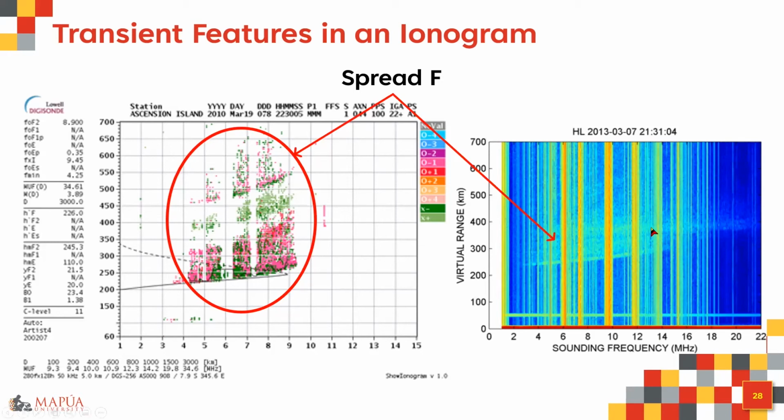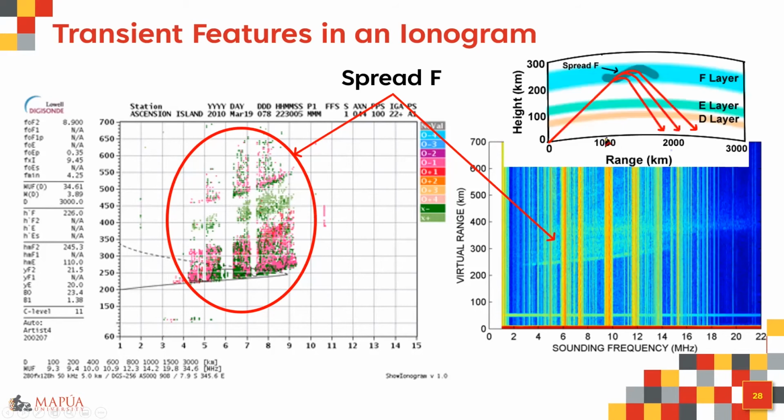So if there are irregularities in the ionosphere, they can affect the propagation of radio waves, especially trans-ionospheric propagation, those frequencies that pass through, not reflected by the ionosphere.